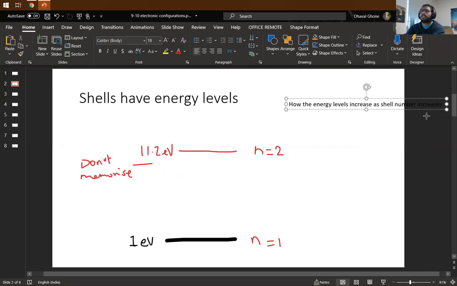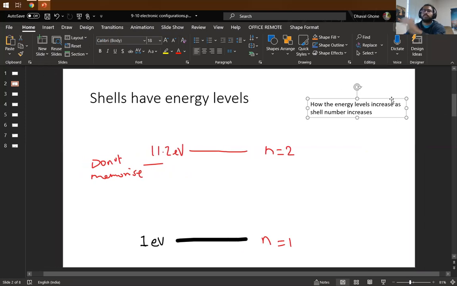So the idea for this slide is, do not memorize the electron volts number, but understand how energy level keeps increasing as you go higher in the shell number. The electrons in the outermost shell possess the highest amount of energy.